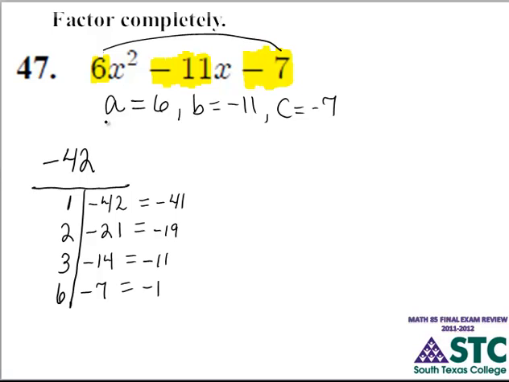Now, we wanted the factors of A times C, which is negative 42, such that when added equals B, and in this case, B equals negative 11. So we have found those factors, 3 and negative 14. So my next step in my method is to write out those factors, 3 and negative 14.